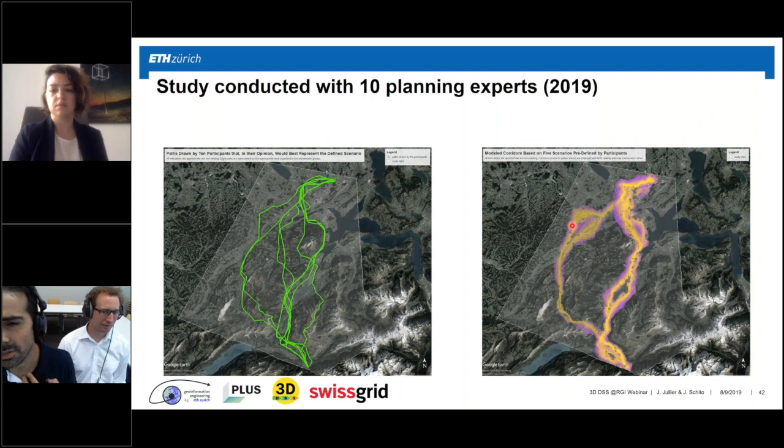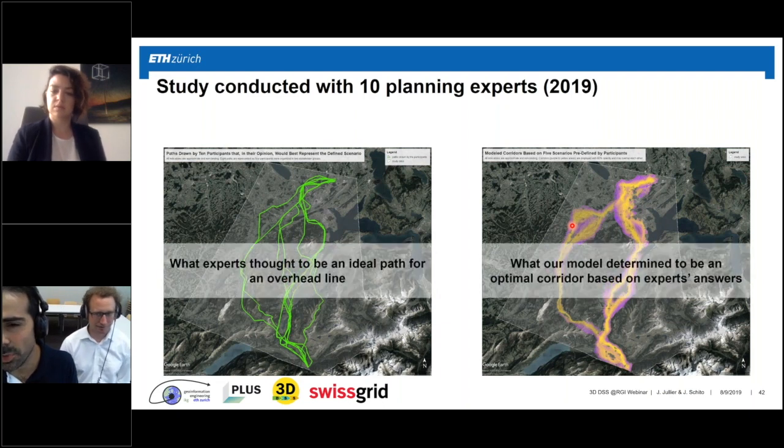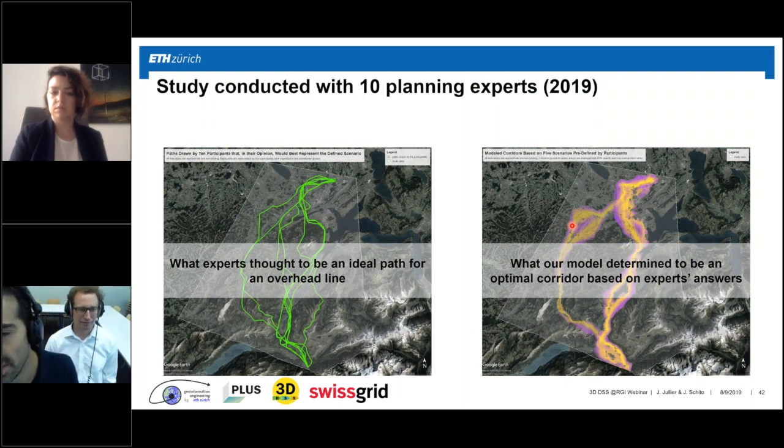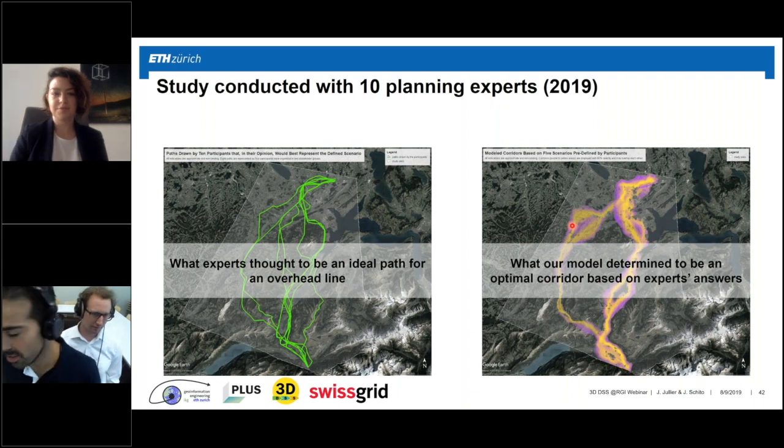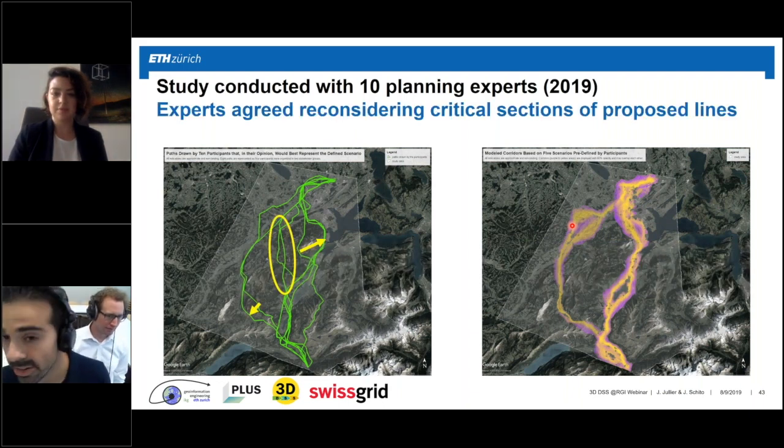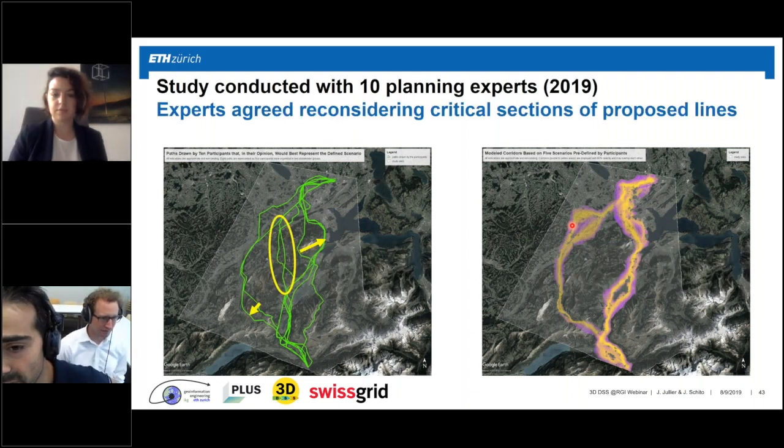We have to state at this point that the green lines which went through the middle shouldn't be considered in future because of legal prerequisites. So in the middle on the left, you see this area shouldn't be considered.